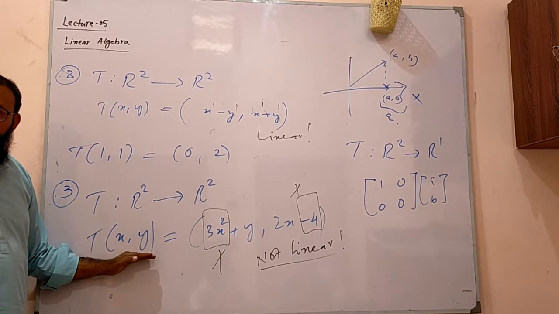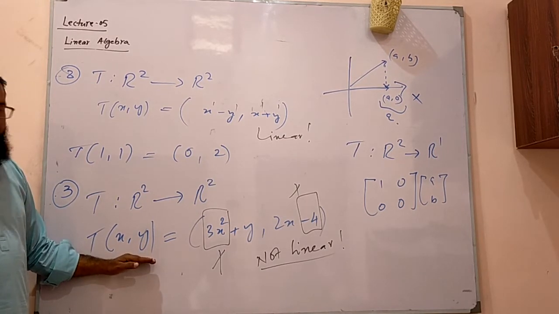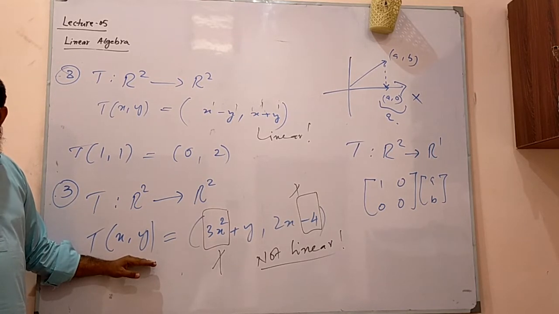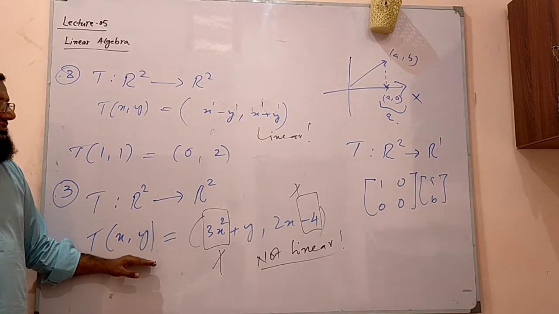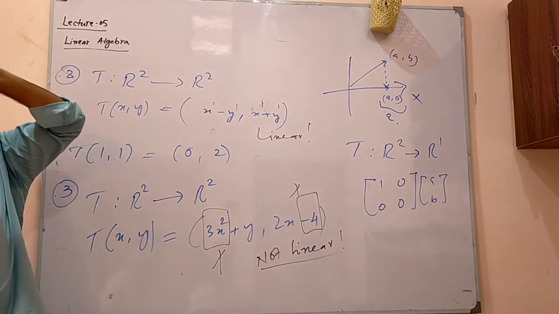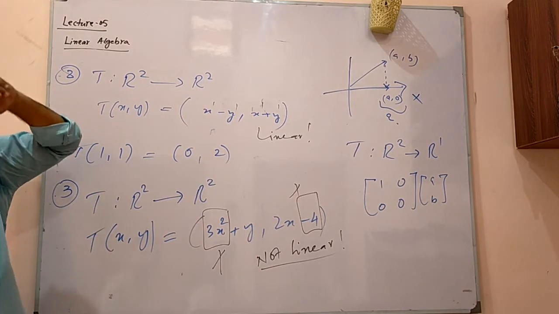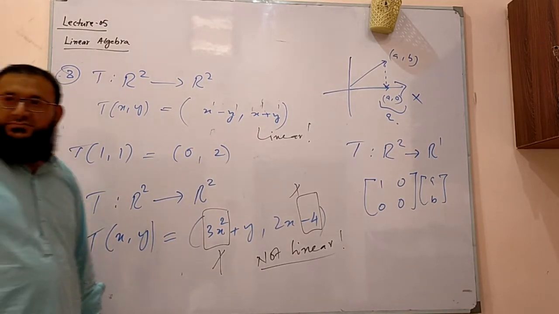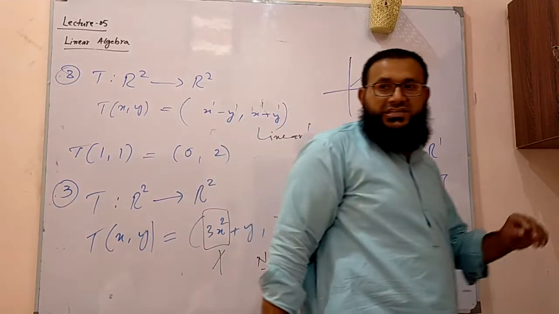If our function is in modulus form, x minus y in mod form, then will it be linear or not? I think it will be linear, but you should check. I'm not sure about this. You should check the absolute value. The absolute value, I think, follows linearity.